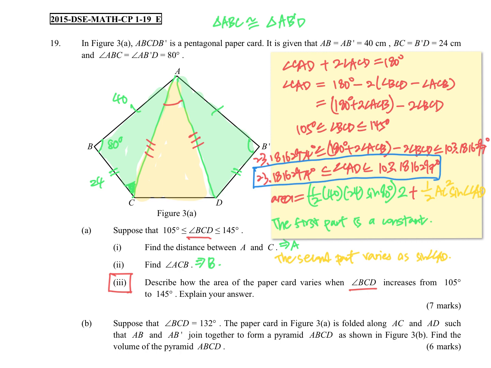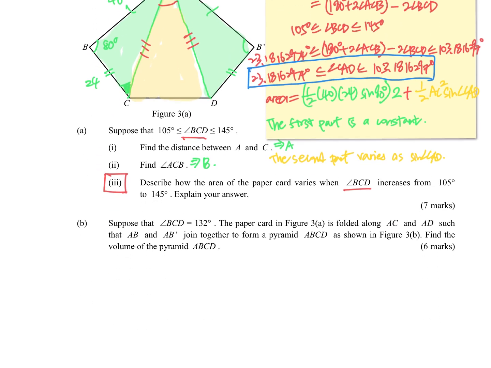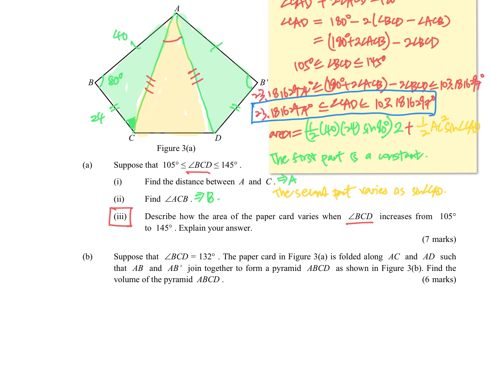So maybe I would need more space here. The area is the greatest when angle CAD equals 90, and that would be sine angle CAD is 1.